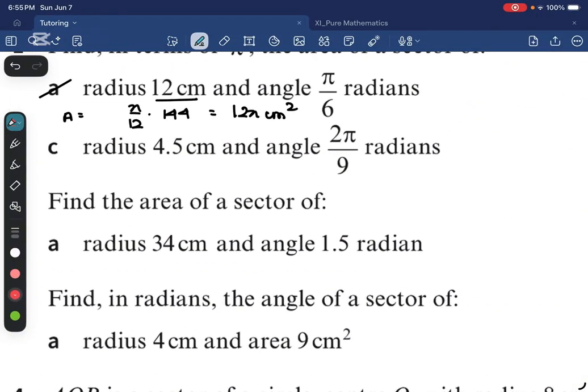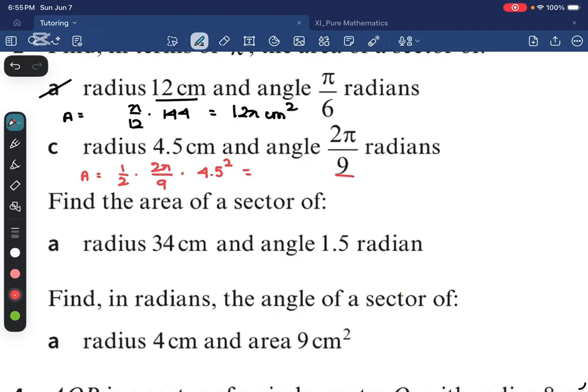And C and D is the same. What is the area? Area is half times theta, which is 2 pi over 9. Remember, whatever we have discussed in this chapter, always use radians. 2 pi over 9, and then r is 4.5 squared.